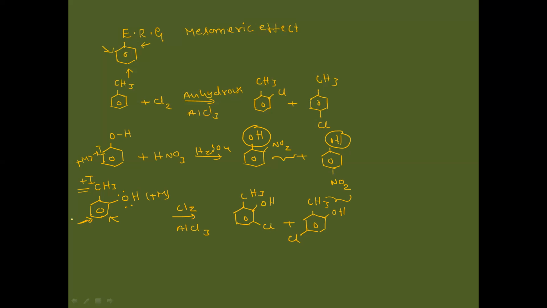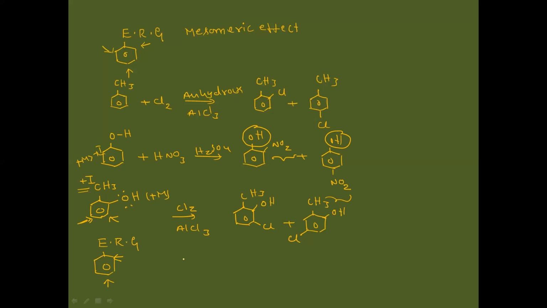So this is the case when you have only electron releasing groups. From these examples we are clear that if you have electron releasing groups, the next incoming group will be substituted at the ortho position or para position.